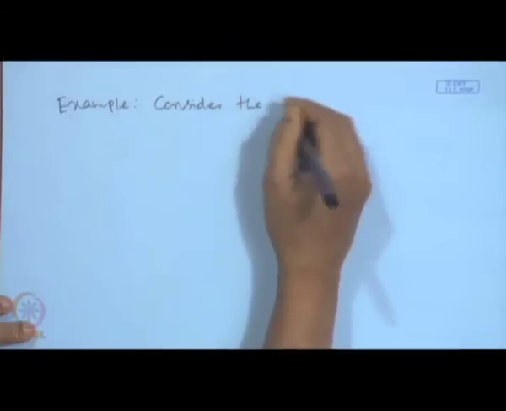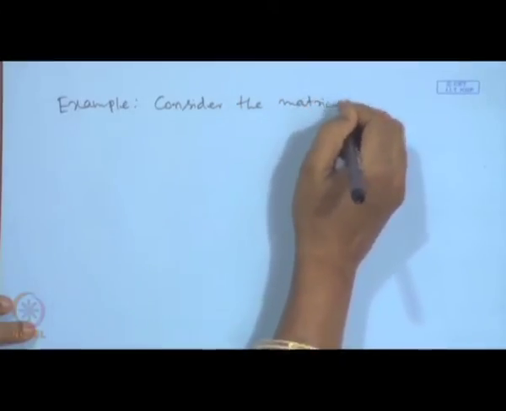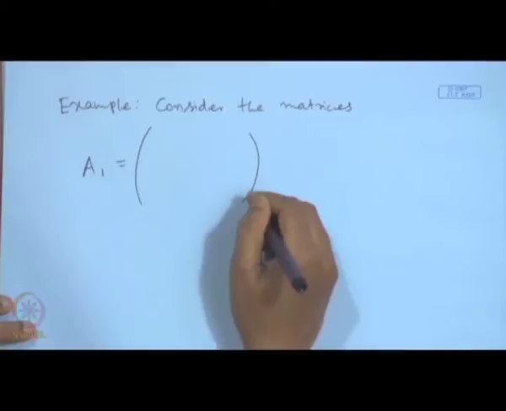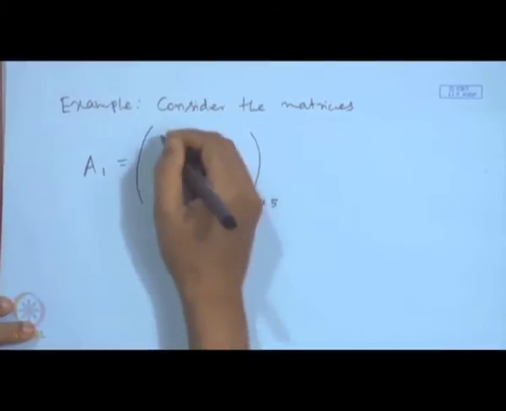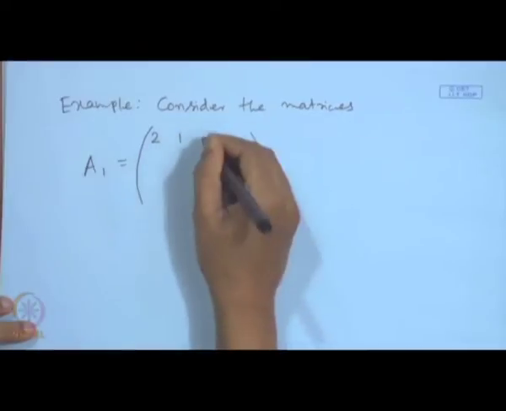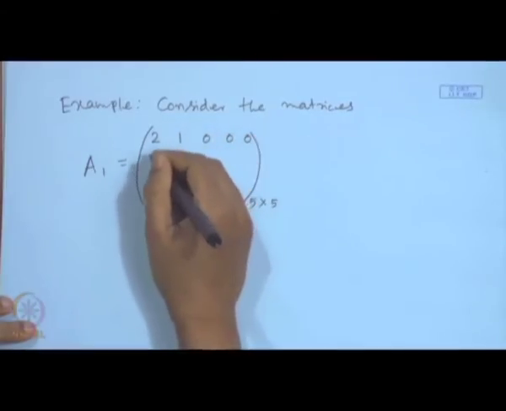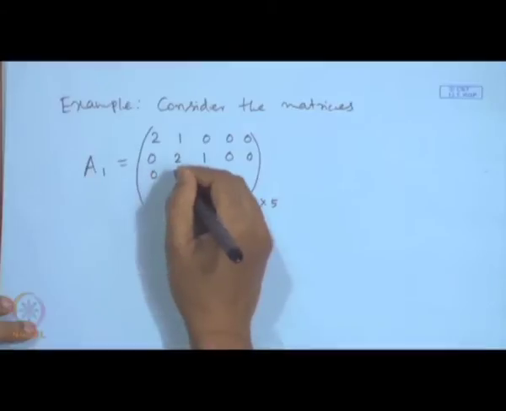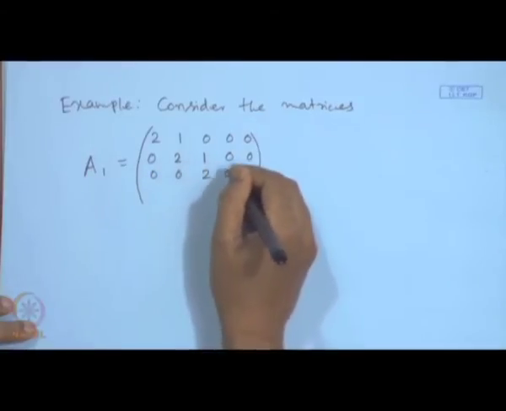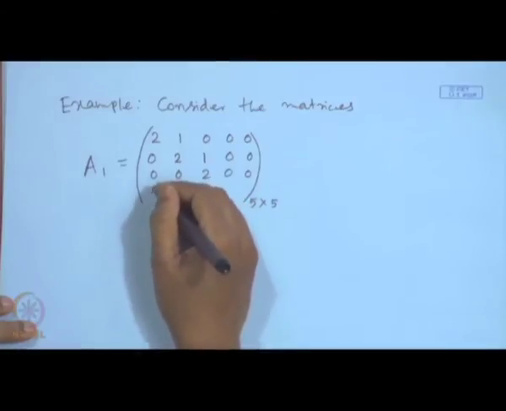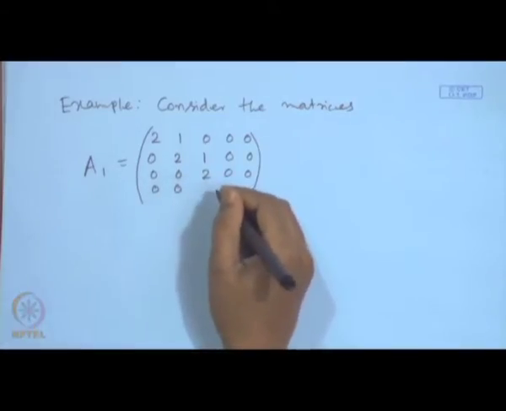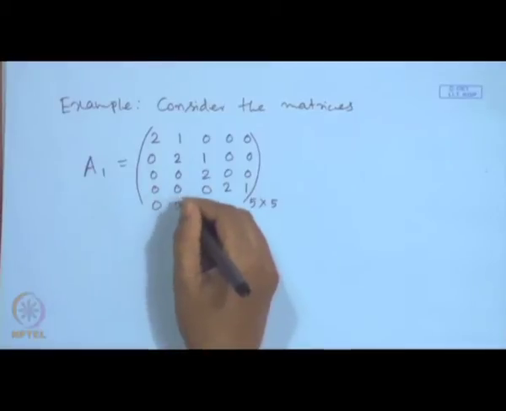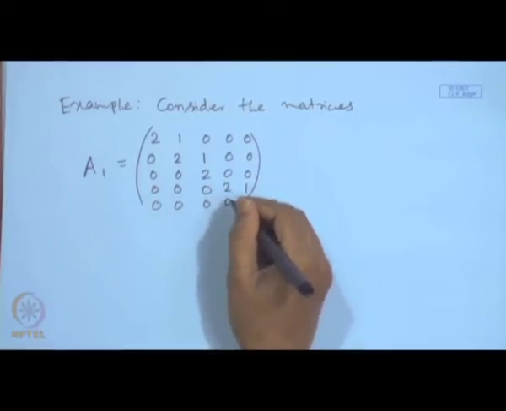Consider the matrices. A1 is of size 5 by 5 and its entries are 2 1 0 0 0, 0 2 1 0 0, 0 0 2 0 0, 0 0 0 2 1, and 0 0 0 0 2.